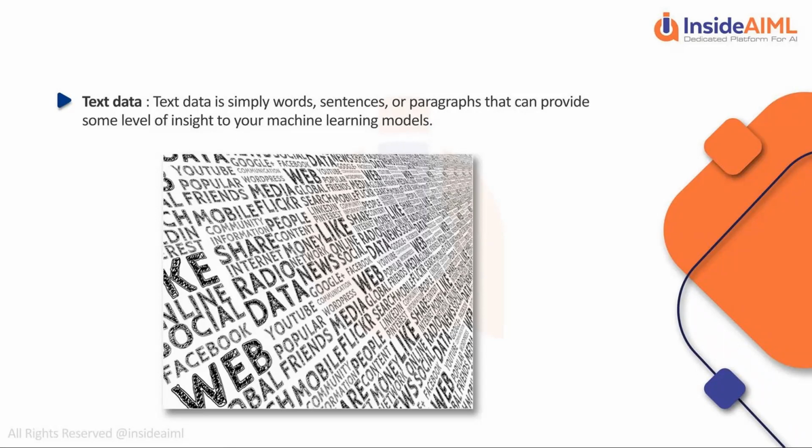Then you have image data. Image data is simply images, and also videos. Videos are nothing but sequences of images, the frames of images, right? There are different applications where you can use images to apply machine learning.